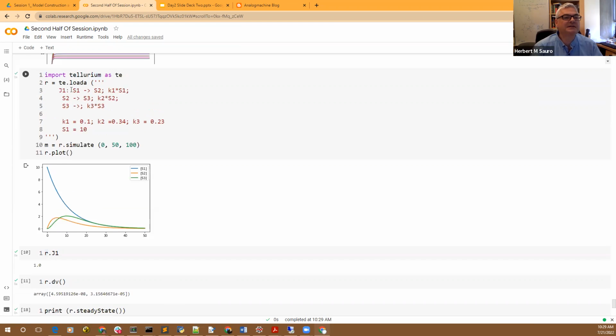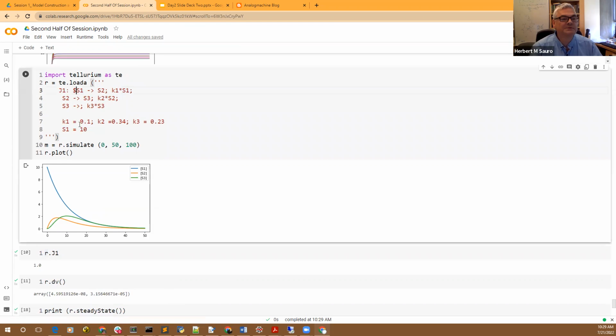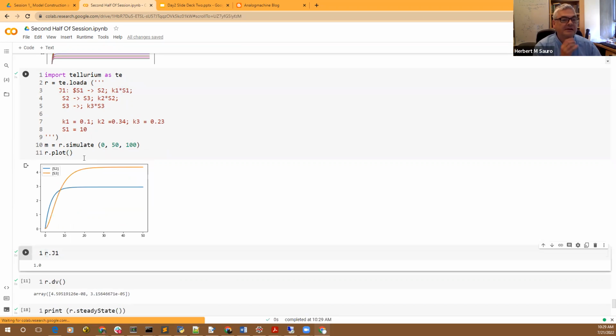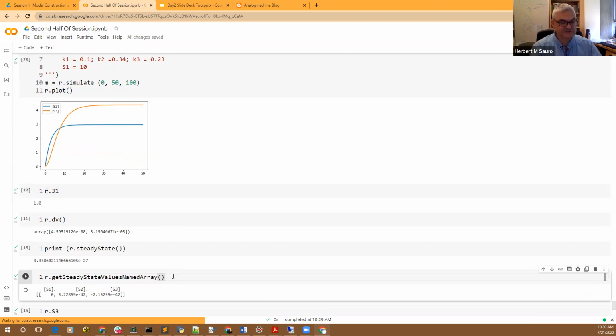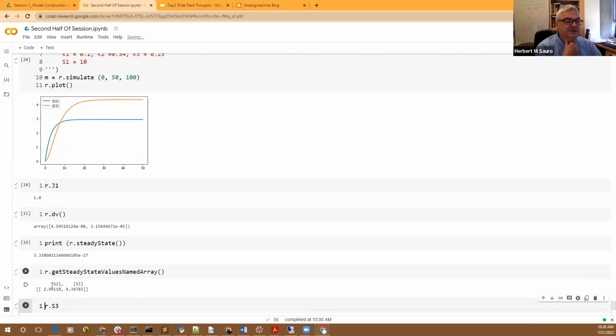Okay, so let me just take that back here, make it an open system again. And then I'll do this. So now it returns S2 and S3 because it names them. It names the array, and it tells you that the steady state level of S2 is 2.94 and for S3 is 4.347. All right.